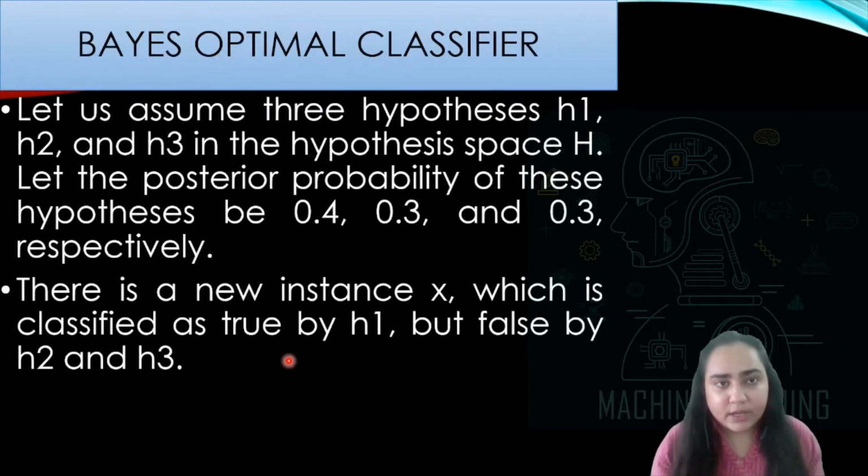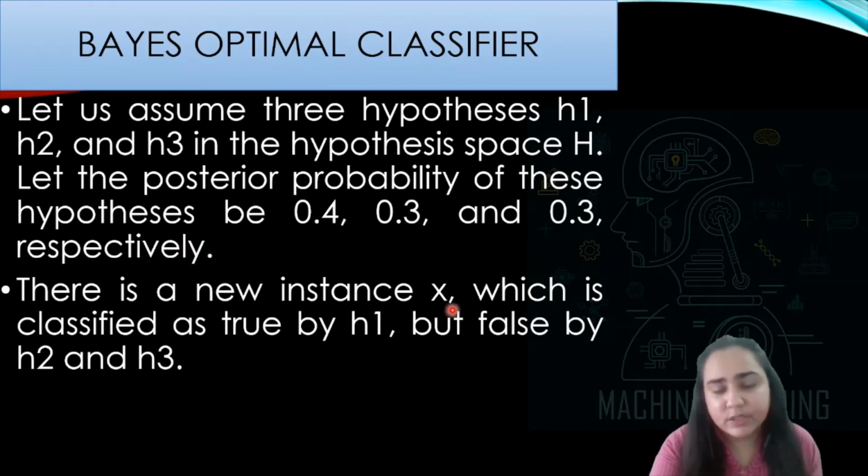Now let's take a look at the Bayes optimal classifier, because this will form a basis for whatever we have to study in the next video. So let us assume that there are 3 hypotheses, H1, H2, and H3 in the hypothesis space H. Okay, and the posterior probability of each of them is given to you, which is 0.4, 0.3, and 0.3 respectively.